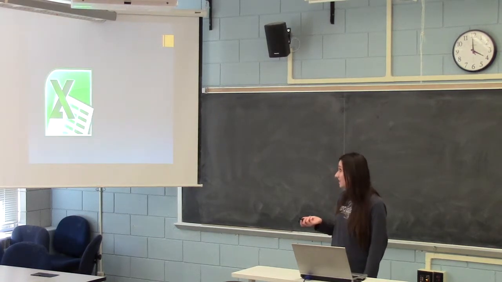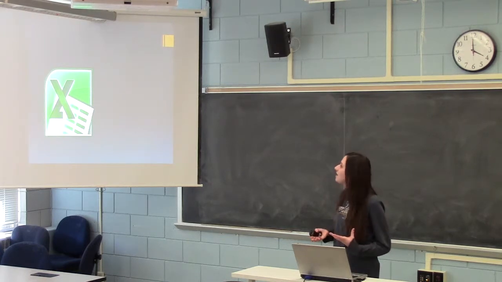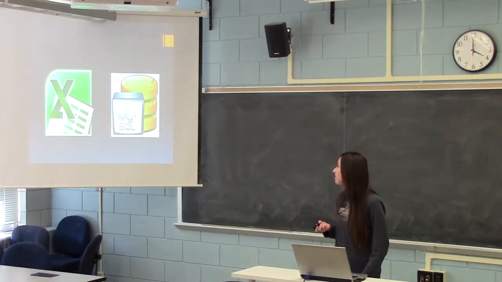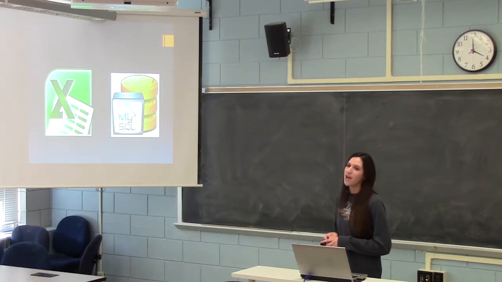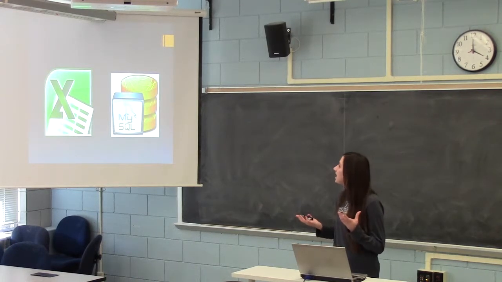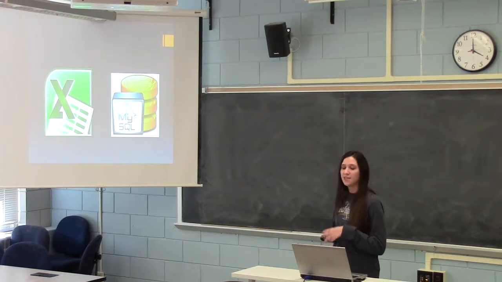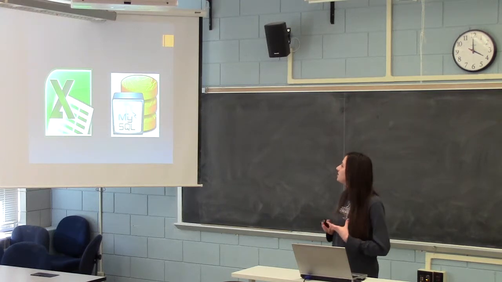So some of you may have noticed that the layout of MySQL is kind of similar to Excel, but I think that MySQL is actually much more efficient than Excel. So let's say you were interested in combining two tables. In MySQL, all you have to do is enter into the code these two words called natural join, and the program will automatically join the two tables.